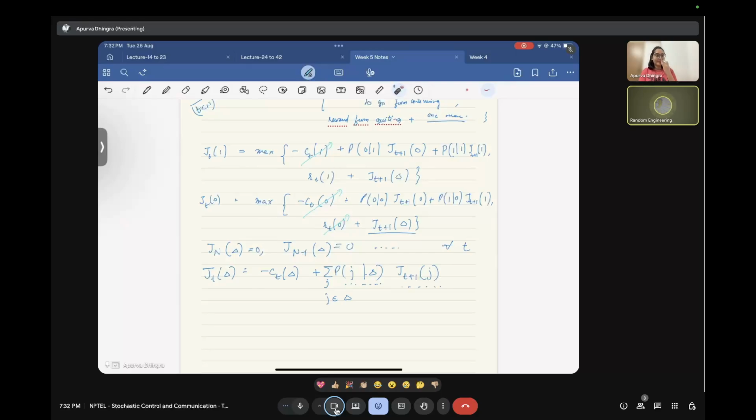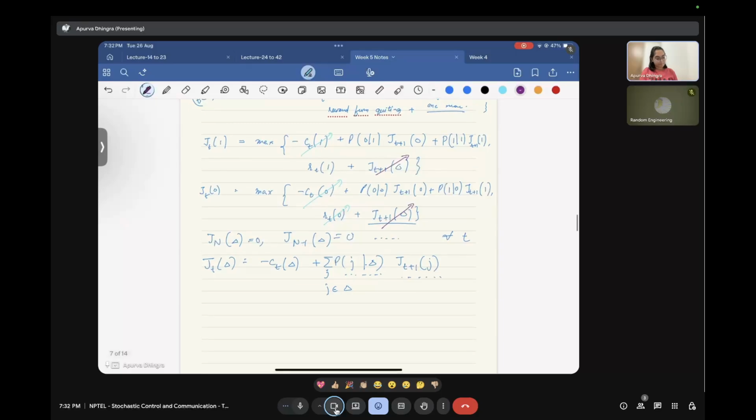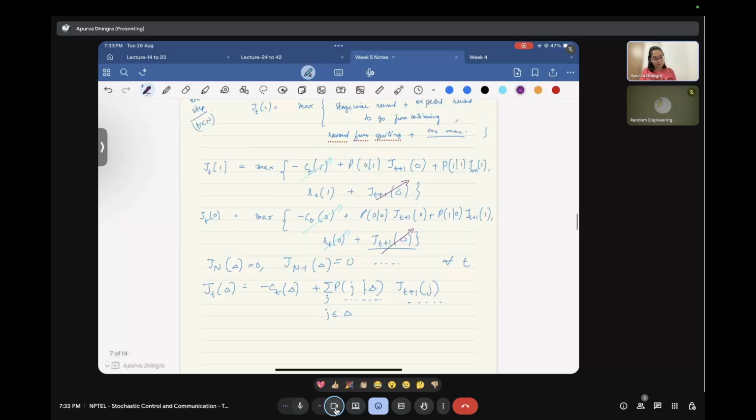After delta you won't come to any other state. So you could have taken this to also be 0. Because of that, we're not worried about this part at all, and hence this term also becomes 0 in both of them. And we know these probabilities, right? We know what these probabilities are.